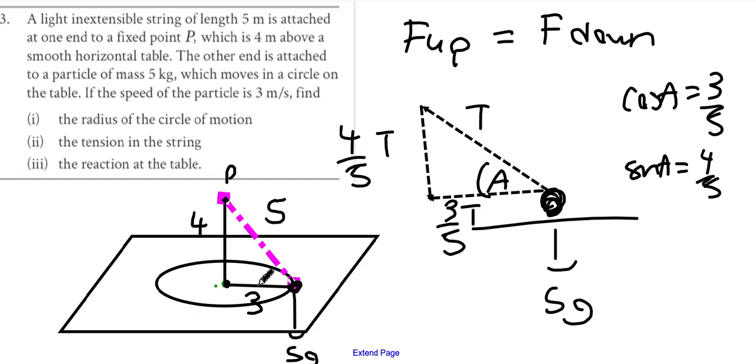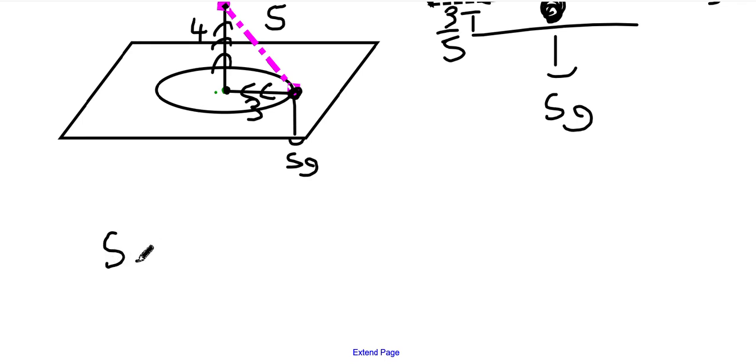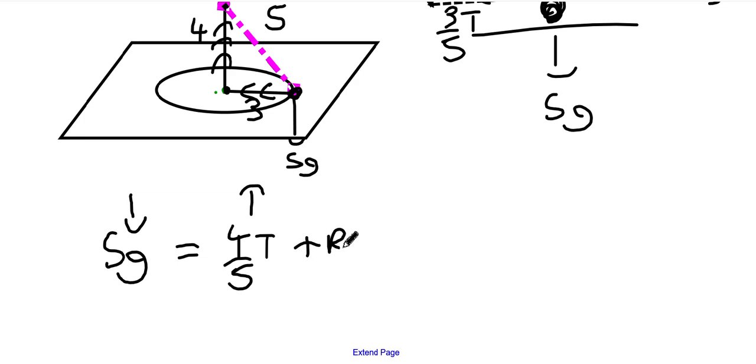Because 3 over 5 T is going towards the center of the circle, and the 4 over 5 T is going upwards. So if we did up versus down, it would look like 5g going downwards equals 4 over 5 T going up, plus your reaction force, R.